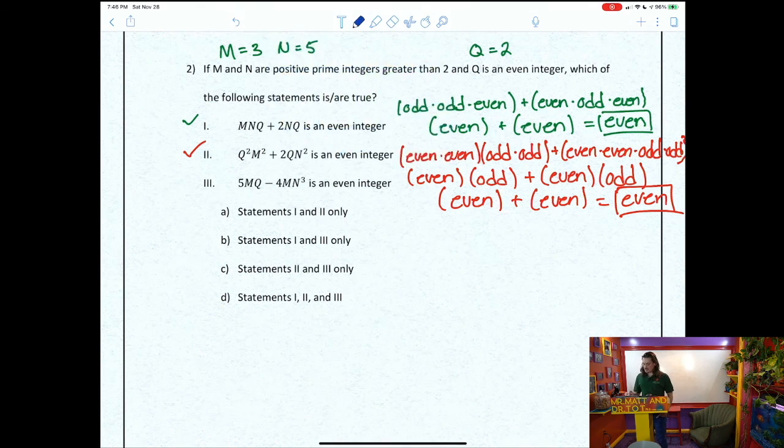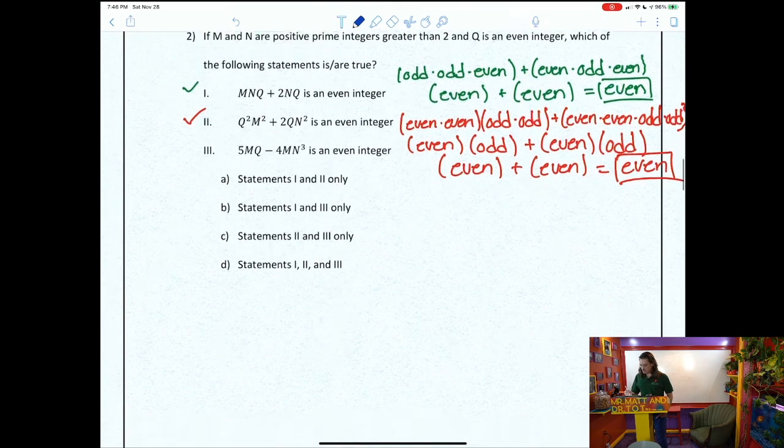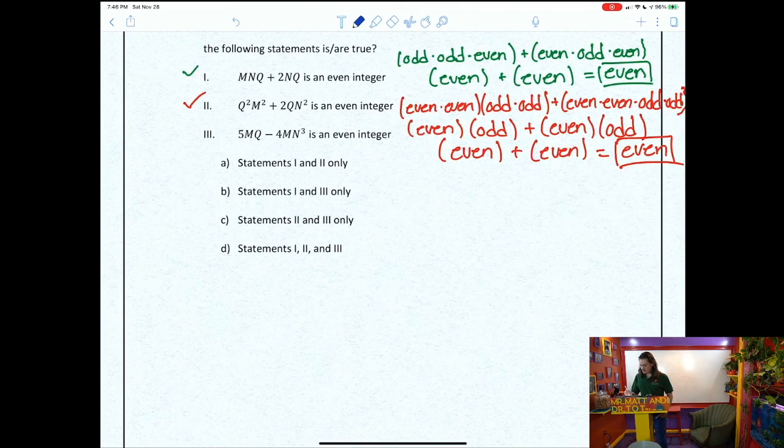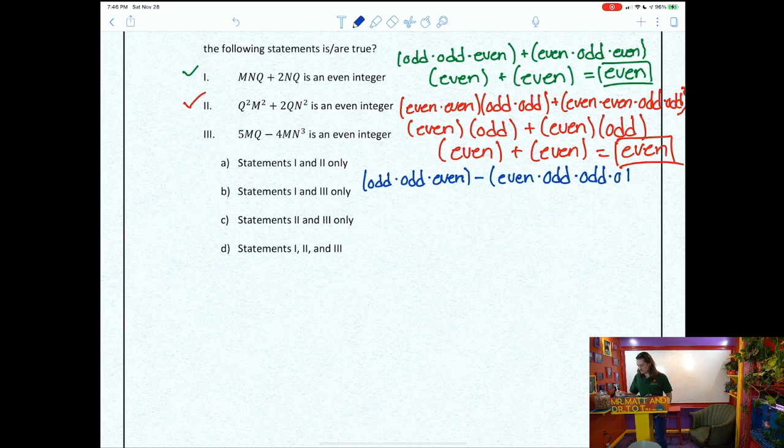3, we have 5 times m times q. So 5 is odd, times m, which is odd, times q, which is even, minus 4, which is even, times m, which is odd, times n cubed, which is going to be 3 odds. Odd times odd will be an odd. That odd result times an even will be even.